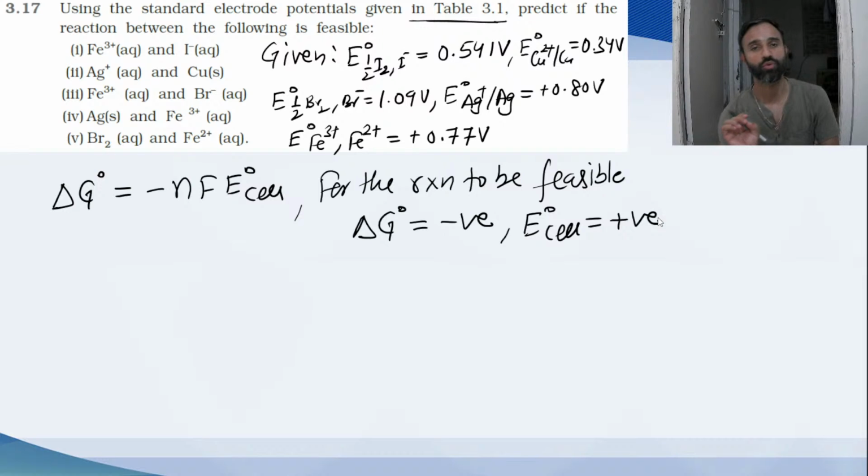We just have to calculate E naught cell of each pair. If it is positive, the reaction is feasible. If it is negative, the reaction is not feasible. And if it is equal to 0, it is at equilibrium, but that is not the case here.